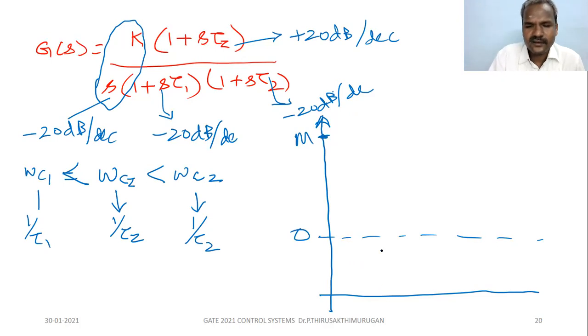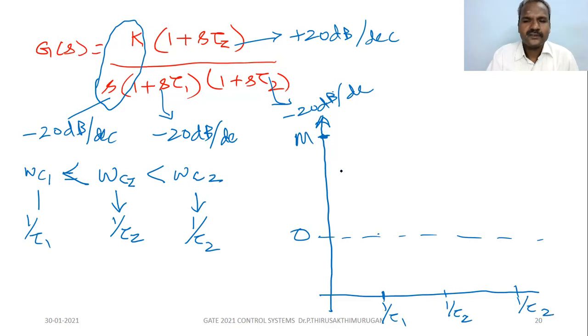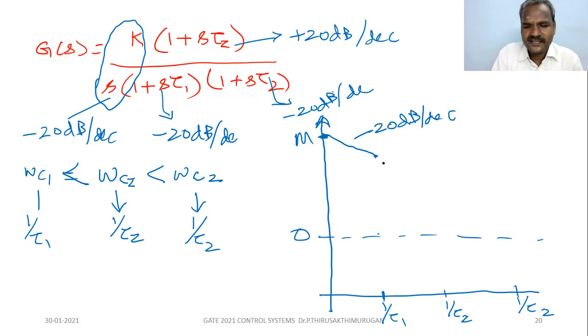The corner frequencies are 1 by tau 1, 1 by tau z, 1 by tau 2. This contributes a pole. So initially it starts at minus 20 dB per decade, and at this corner frequency it changes.